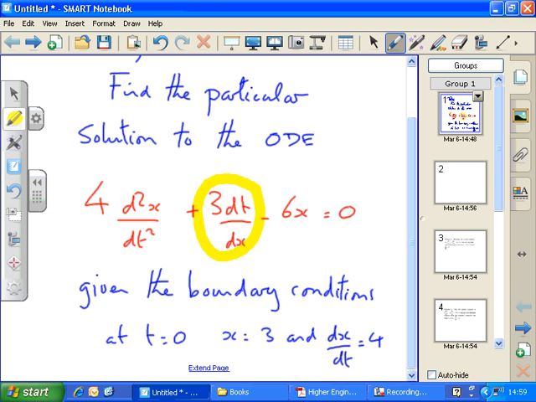Why have I written dt by dx? dx by dt. The rate of change of displacement with time gives us the velocity. So perhaps you just change that.